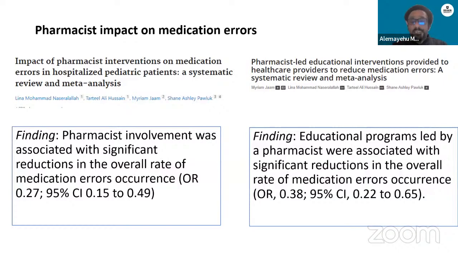It's educating healthcare professionals: what do pharmacy educational interventions on healthcare providers bring? Do they really affect medication error? This study shows that yes, they do. Educational programs led by a pharmacist were associated with a significant reduction in the overall rate of medication error, by around 60%. This is a very important study.